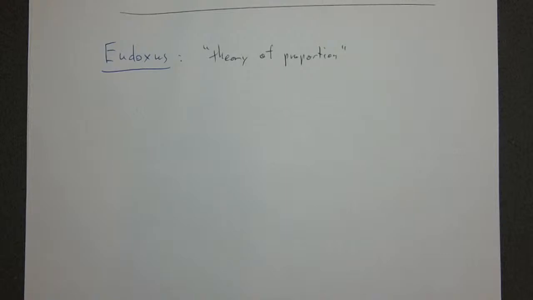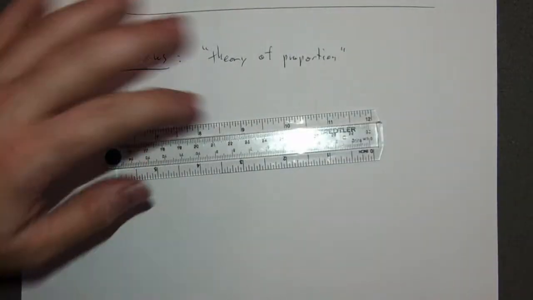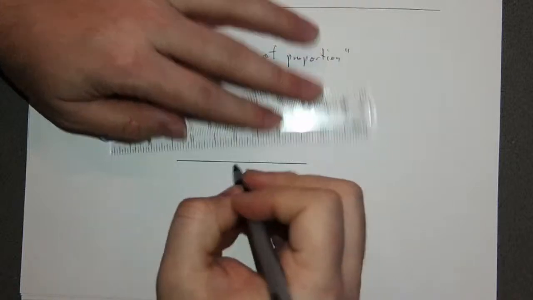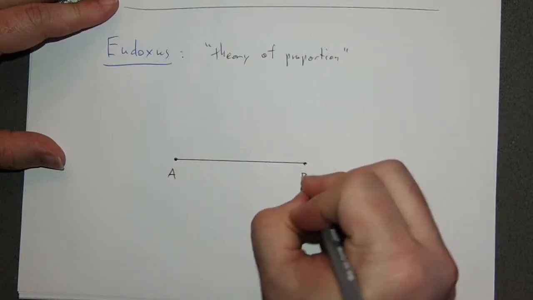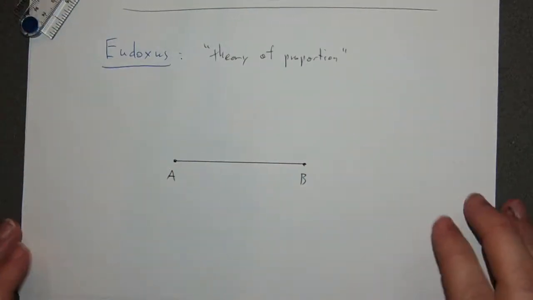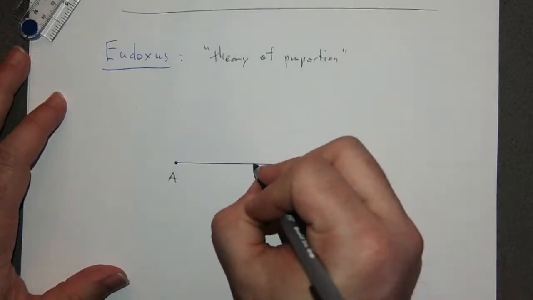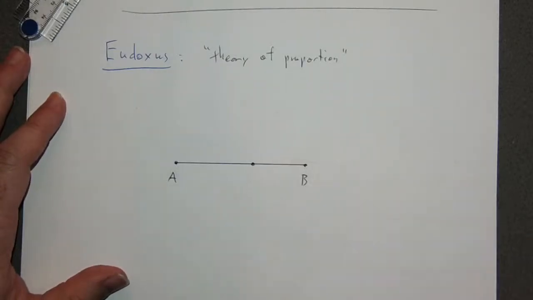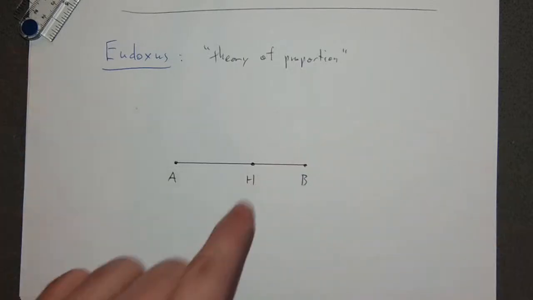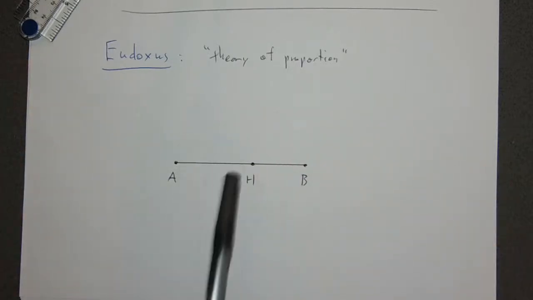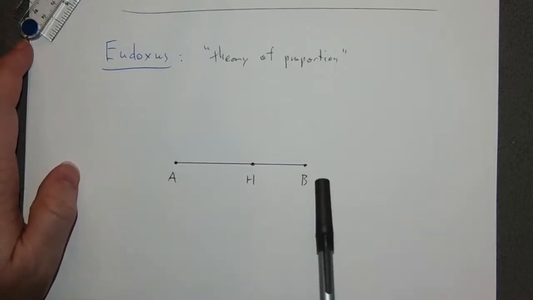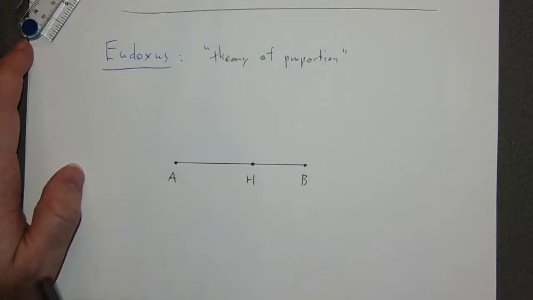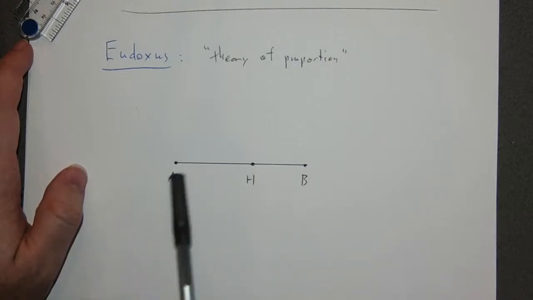Imagine you have a segment that we'll call AB, and you want to divide this segment in such a way, put it here, I'll call this point H, that the ratio of the entire segment to the larger part is the same as the ratio of the larger part to the smaller part.